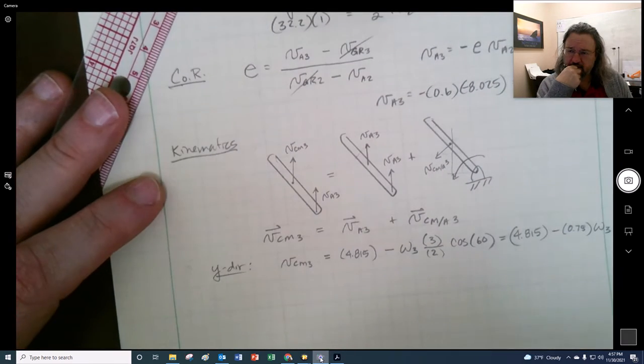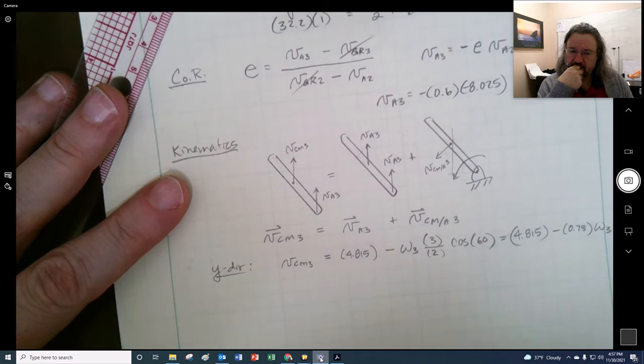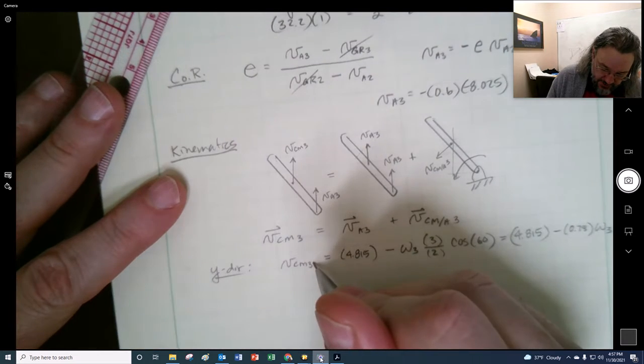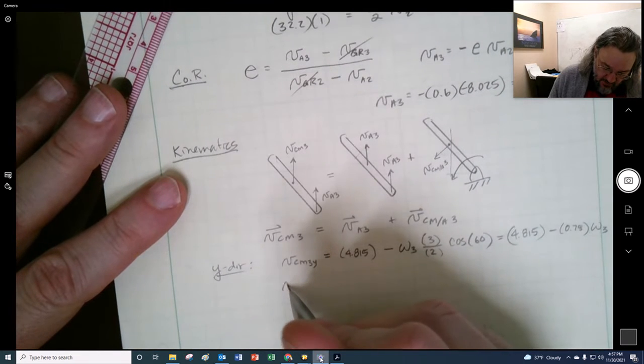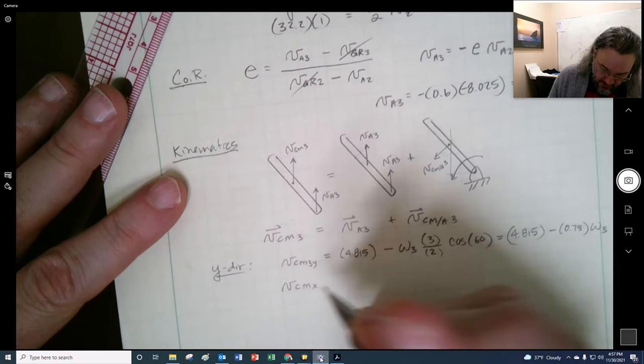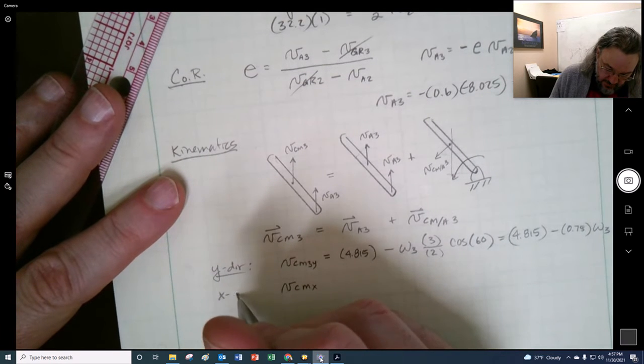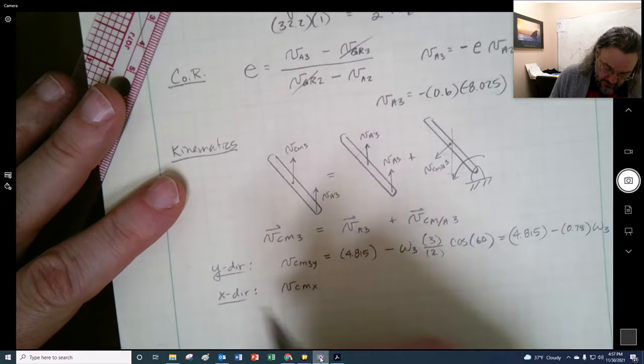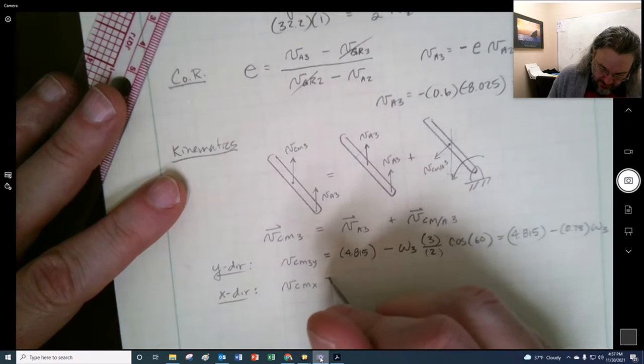The x terms right here, it's going to be interesting. Maybe we should just call this in the y direction. VCMX. Concerned by this.